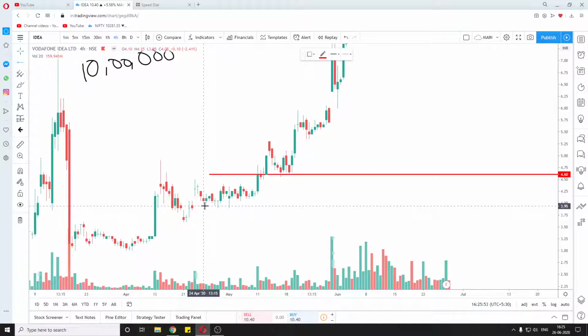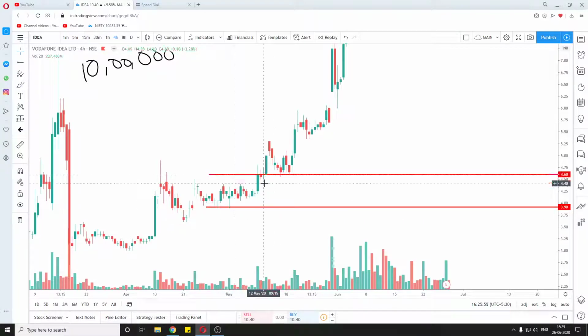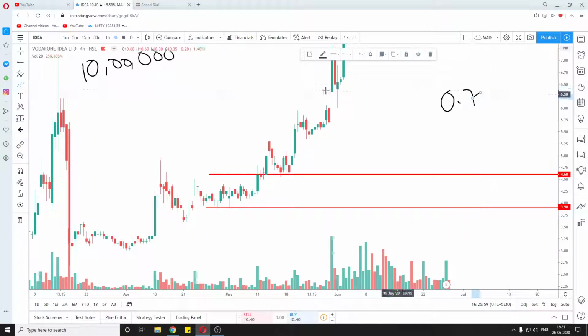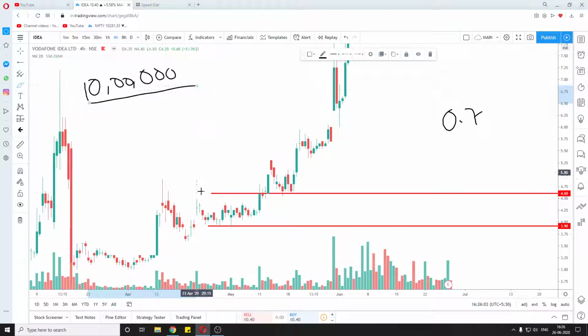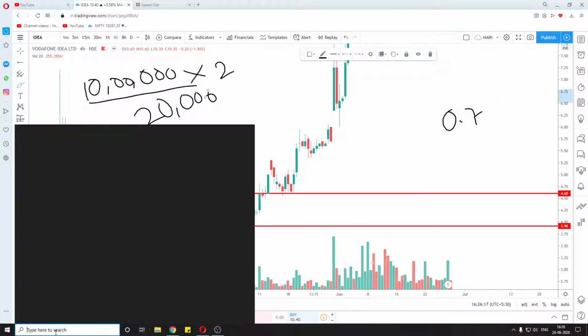Same thing, again the stop loss is 0.7. But now the 2% of 10 lakh becomes how much? 20,000 rupees. So this person can lose 20,000 in one trade.